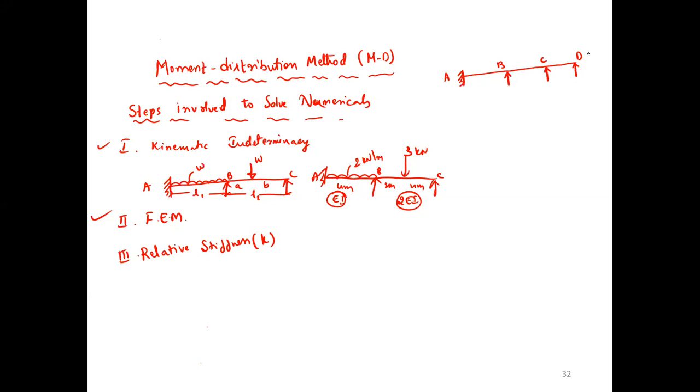A, B, B, C, C, D. Out of 3 spans, how many end spans? 2. What are those? AB and CD. What is BC? It's the middle span, the intermediate span. BC is intermediate. This is an end span, and this is also an end span. So this is the middle span or intermediate span.